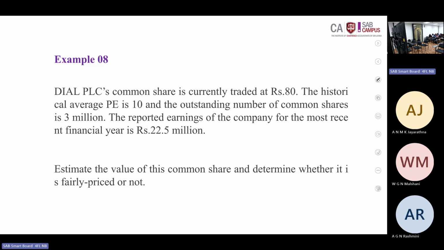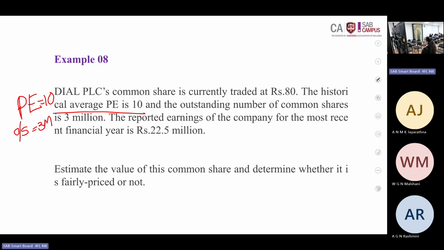The historical average PE, the price to earnings multiple, is already calculated, and we know it: 10 times. The outstanding number of ordinary shares is 3 million.